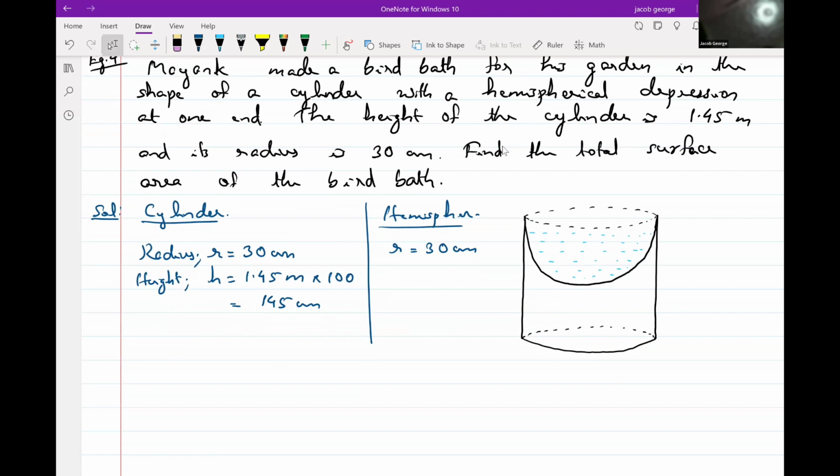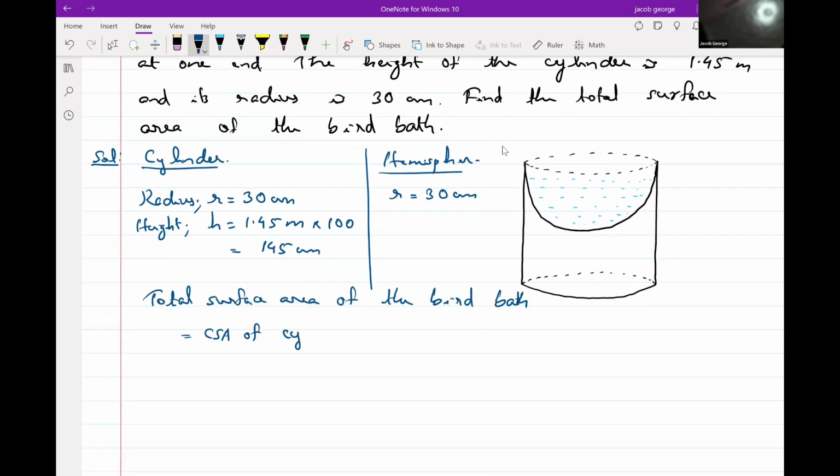Now we write: total surface area of the bird bath is equal to CSA of cylinder plus CSA of hemisphere.